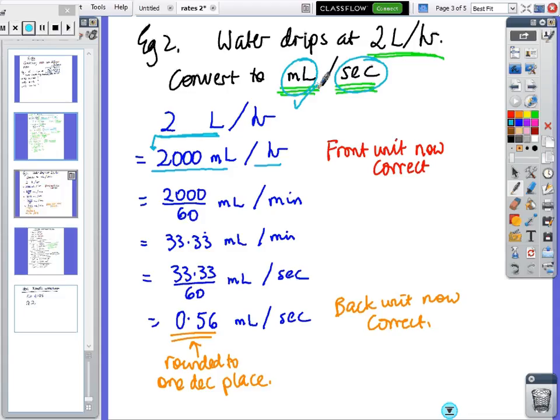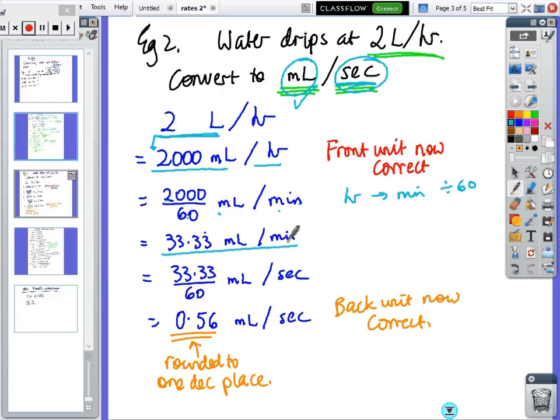Then to go from hours to minutes, you divide by 60. So 2,000 millilitres per hour is 2,000 divided by 60 millilitres per minute. We've got to go all the way to seconds, but we can't go from hours to seconds.